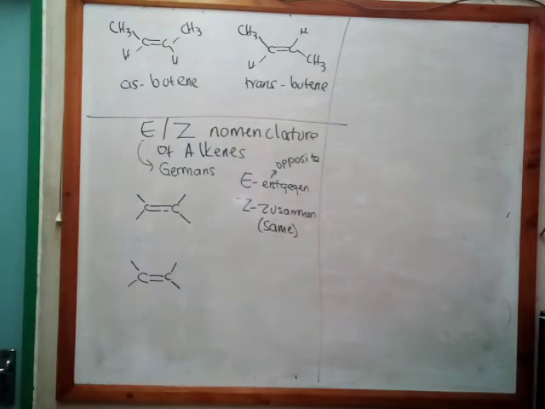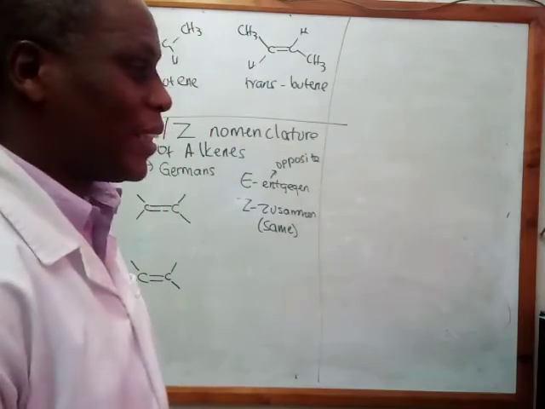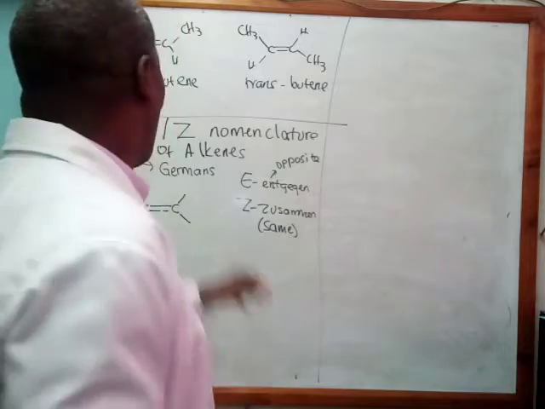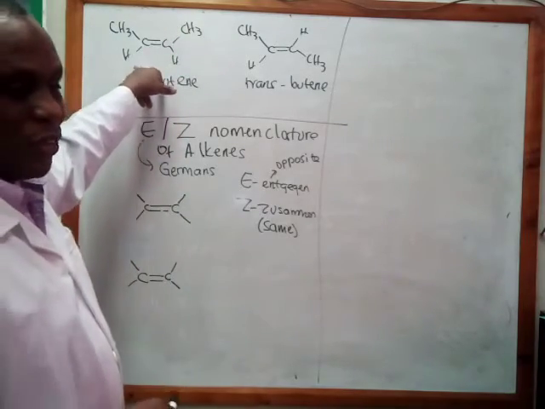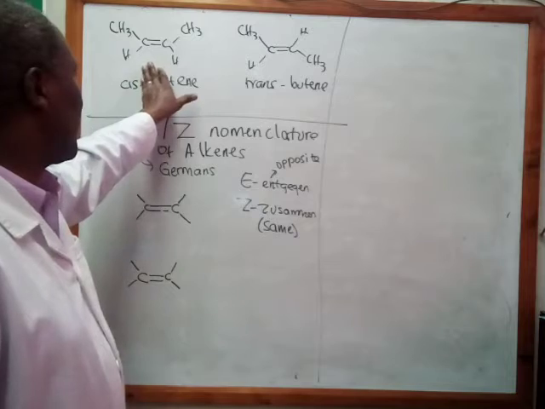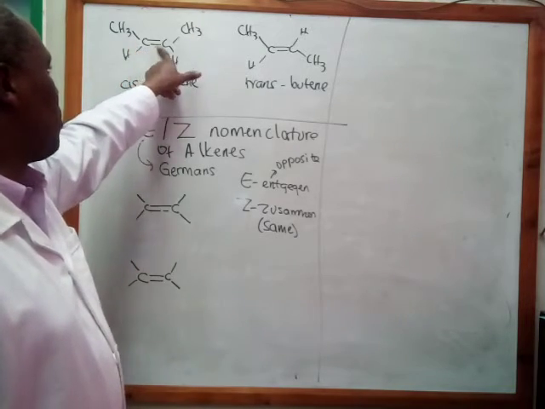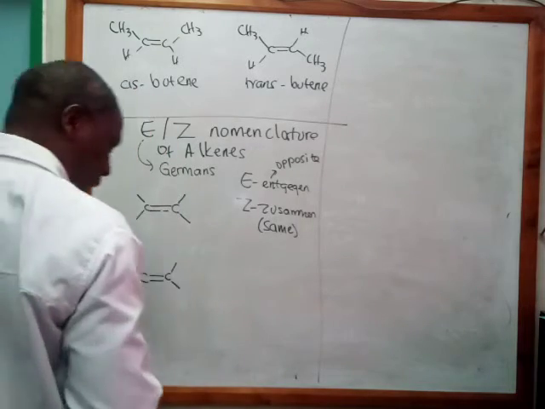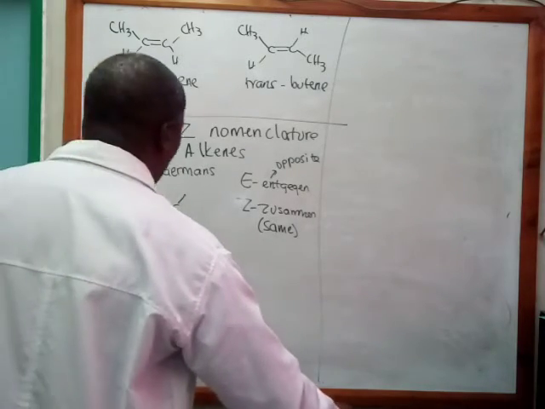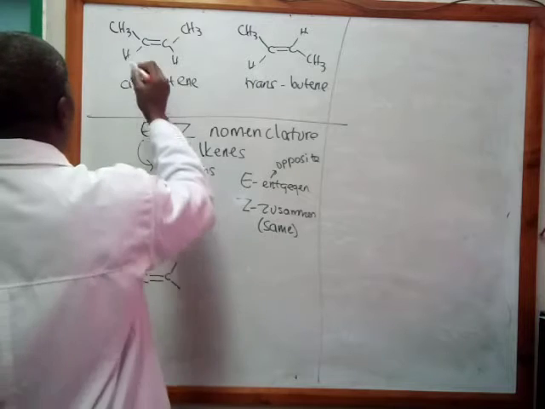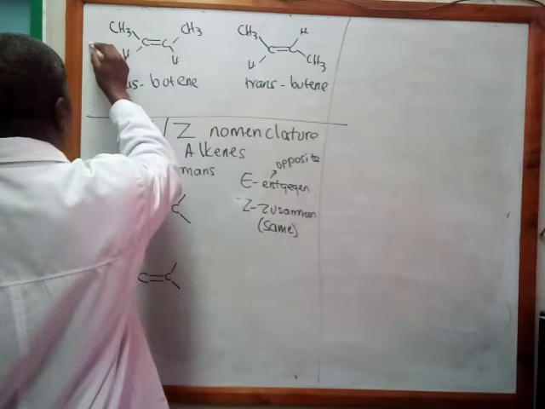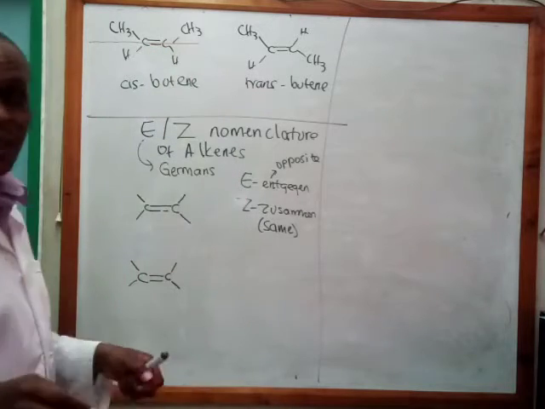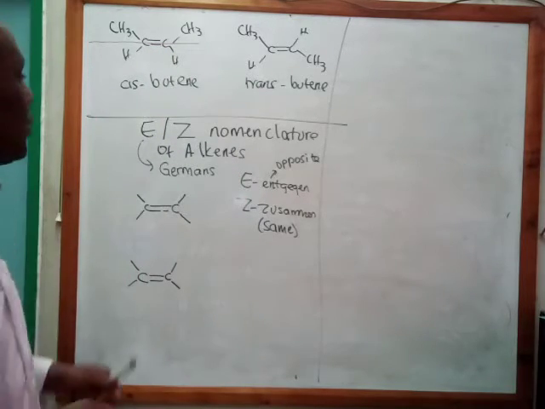Now, I just want to show you that there's some difference in the way we are looking at the cis and trans forms. In this case, we're looking at the double bond as being across here. This is the double bond, and in talking about it, we come up with an imaginary horizontal line. It's visible there.